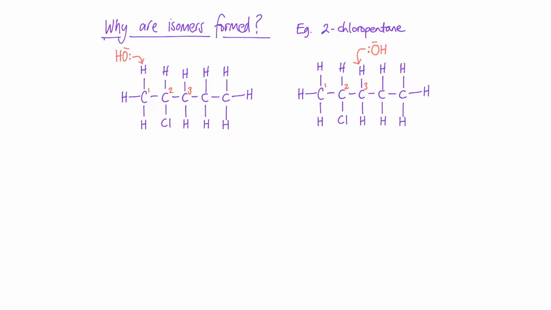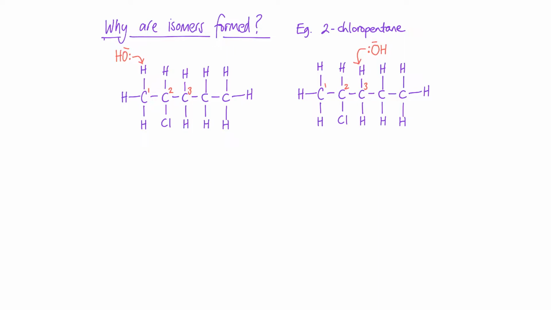So either way, remember that the hydroxide ion has to be picking up a hydrogen that is on a carbon which is adjacent to where your halogen is. So if my halogen here is on carbon number 2, my hydroxide ion has to collect a hydrogen from carbon 1 or 3.